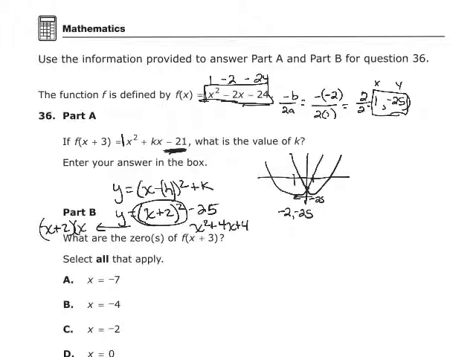I took x plus 2 squared, got this, and then minus 25. Bring that down here. And you end up with x squared plus 4x minus 21. So then if you come back to the original equation here, this is the same thing, only the b you now know is 4x. So b is 4.